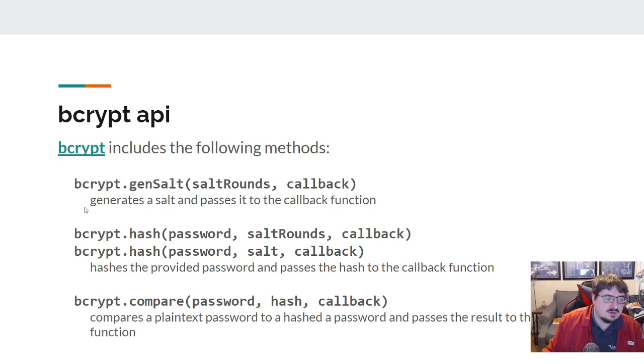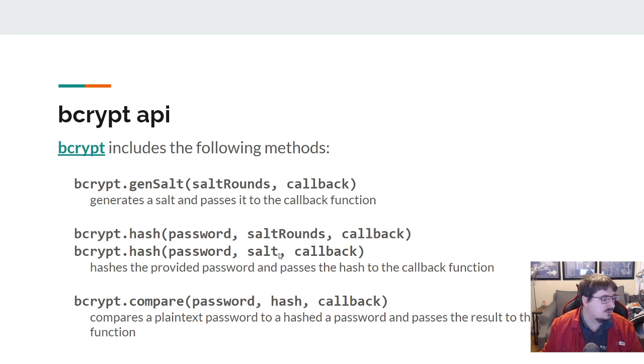So you can call gen_salt to generate a salt and then pass that into hash, or you can directly call hash and it will take care of the salting part for you. The hash method has two versions. One version takes the number of rounds to salt it, how many times it's going to salt it, hash it, salt it, hash it. The other version is for when you generated the salt beforehand, and you pass the salt in.